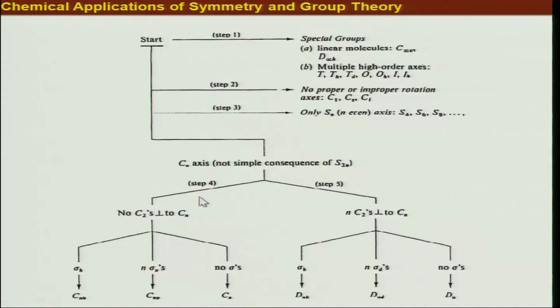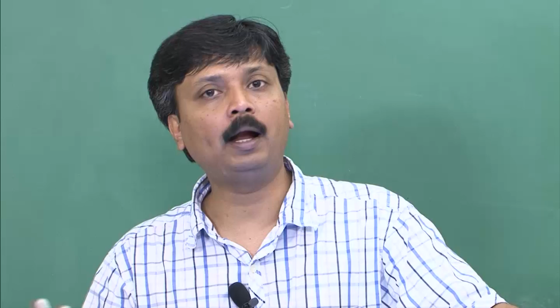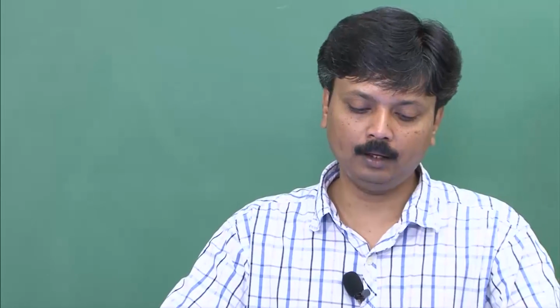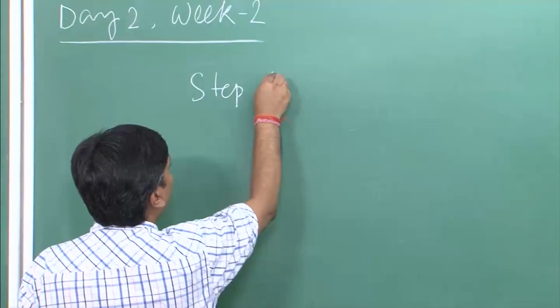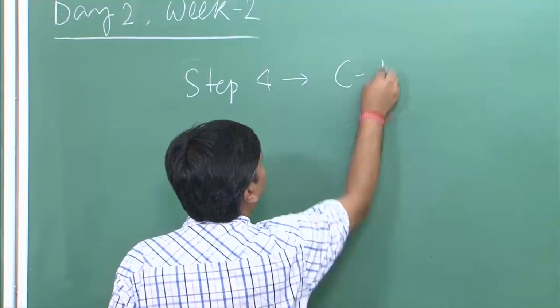Step 4 takes you to the point groups which have a single Cn axis but no perpendicular C2 axis to this principal axis of symmetry. These molecules belong to the C type of point group.